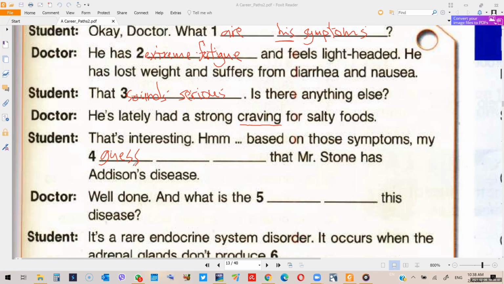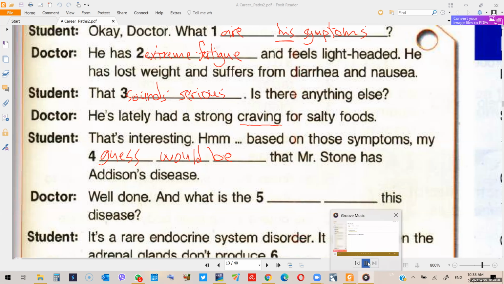Would be that Mr. Stone has Addison's disease. Of course, he nailed it. We say nailed it. That means he answered the question correctly. Well done, she said.